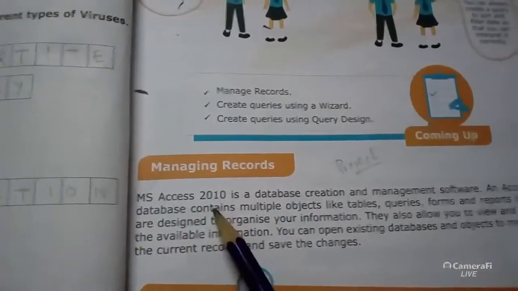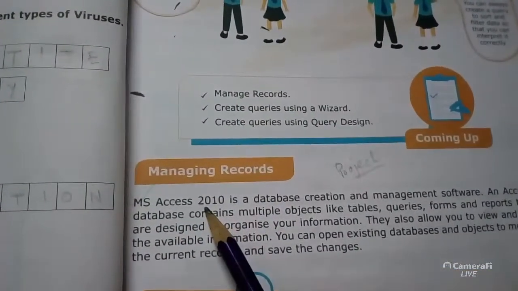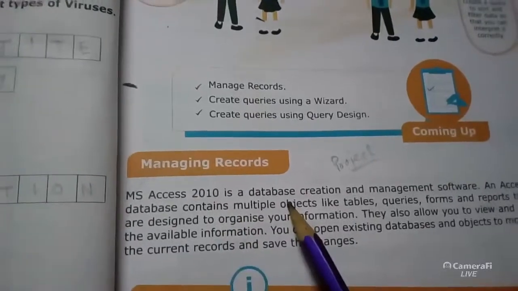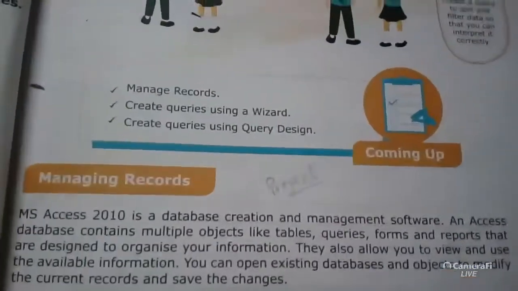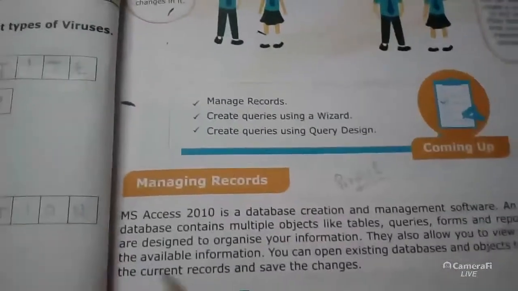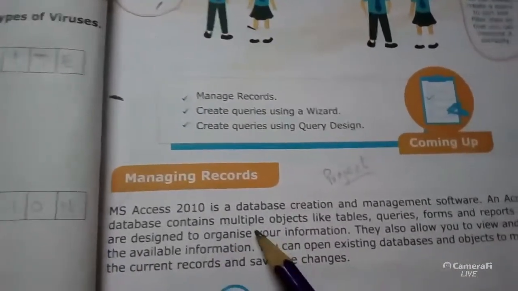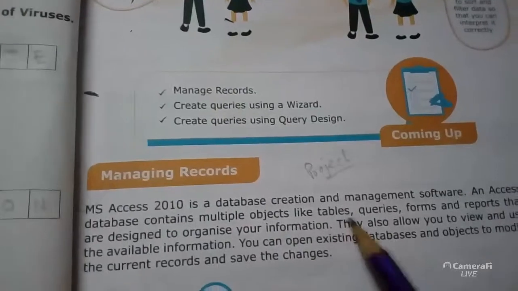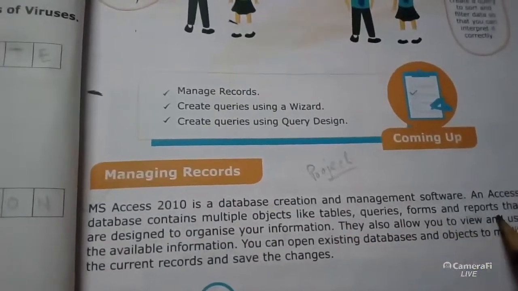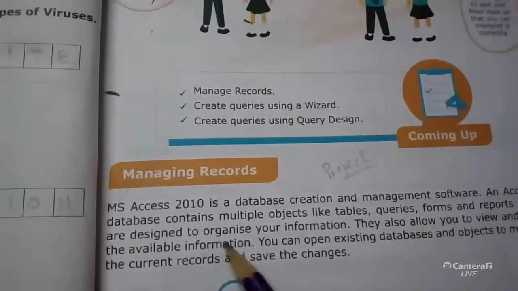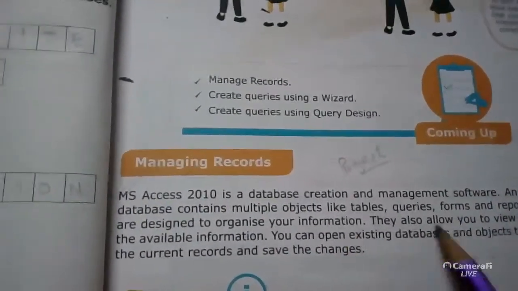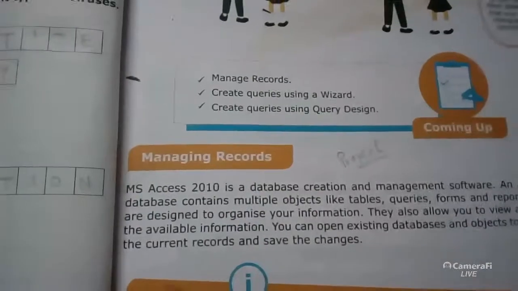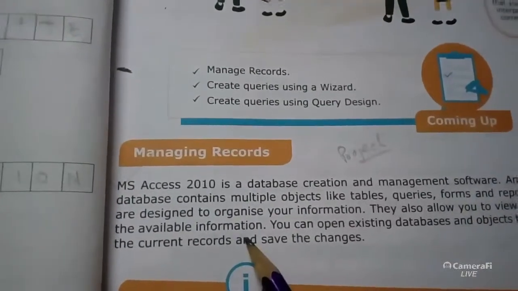MS Access 2010 is a database creation and management software. An Access database contains multiple objects like tables, queries, forms, and reports that are designed to organize your information. They also allow you to view and use the available information.